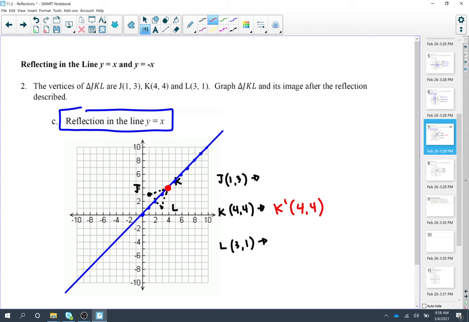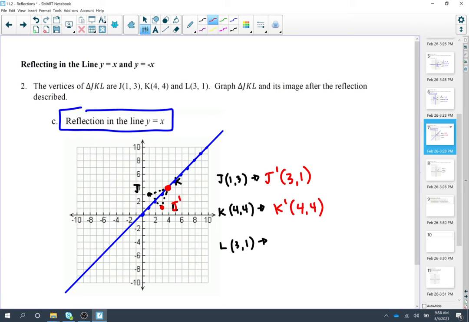Now, L and J, if you look at J, he's right here, and he's kind of at a diagonal, like one box away. So at a diagonal one box away, we're just going to go one box away, which is actually going to put J prime where L is. So J prime is now going to be at 3, 1.